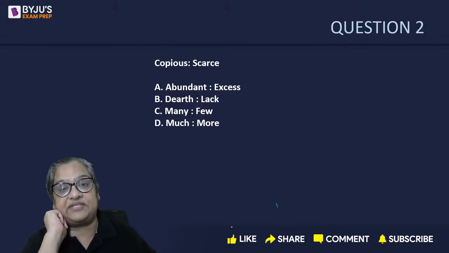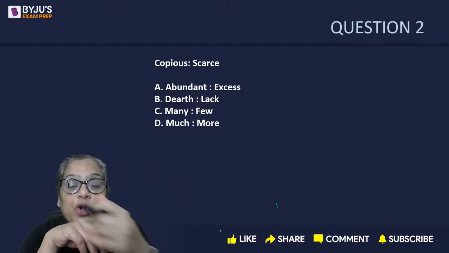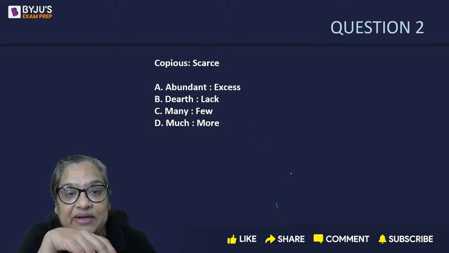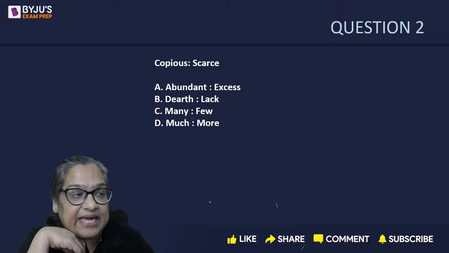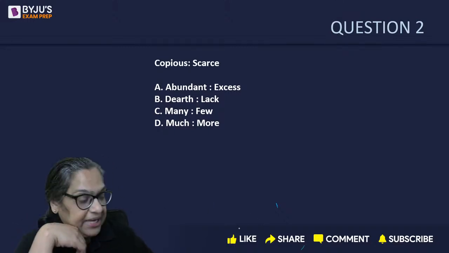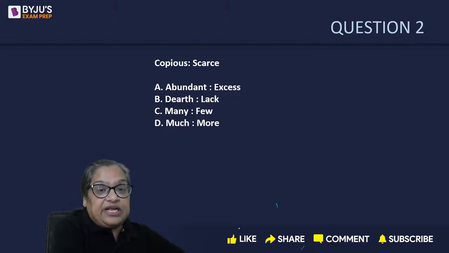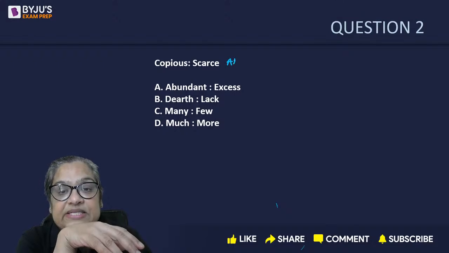So what does copious mean? It is summer, we get copious amounts of mangoes. Copious means abundant. And is scarce the same thing? No, scarcity means lack of something. So copious is to scarce. What is the relationship of the keywords? The relationship is antonymous.